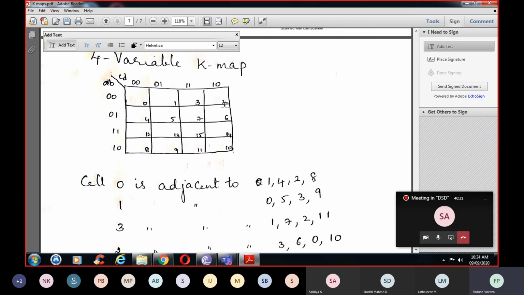In the same way, cell 2 is adjacent to 3, 6, 0, and 10. 5 is adjacent to 1, 4, 13, 7. 7 is adjacent to 3, 5, 15, 6. 13 is adjacent to 5, 12, 9, 15. 15 is adjacent to 13, 11, 7, 14. Okay.